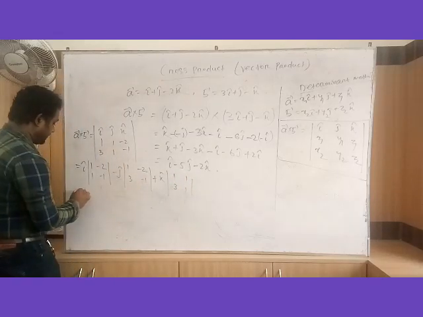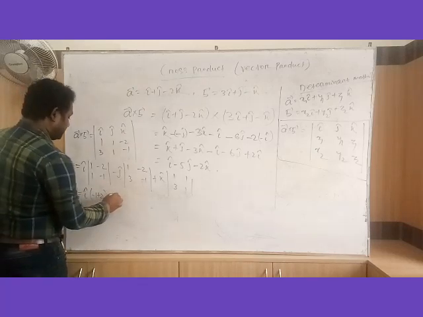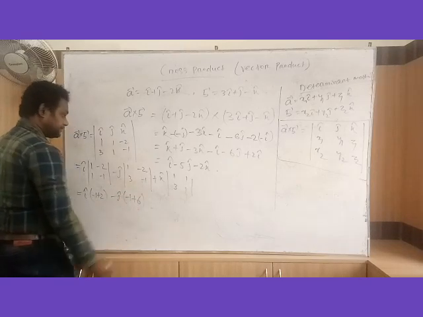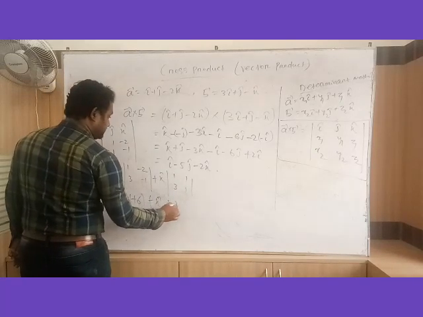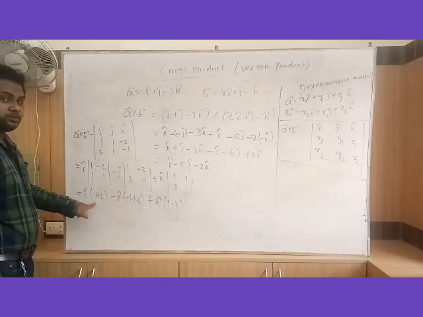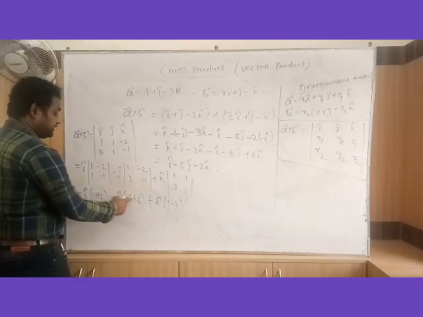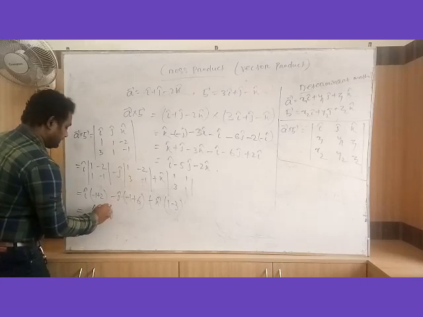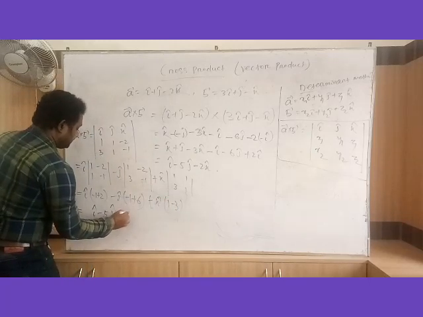So this equals i cap into (-1 + 2) minus j cap into (-1 + 6) plus k cap into (1 - 3). 2 minus 1 is 1, so this becomes i cap. 6 minus 1 is 5, and here the sign is minus, so minus 5 j cap. 1 minus 3 is -2, which gives -2 k cap.